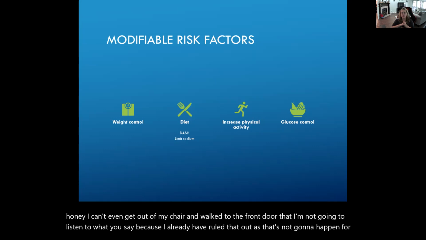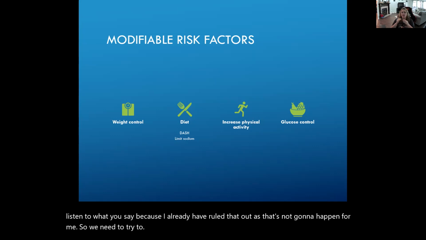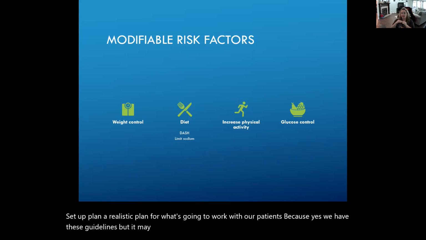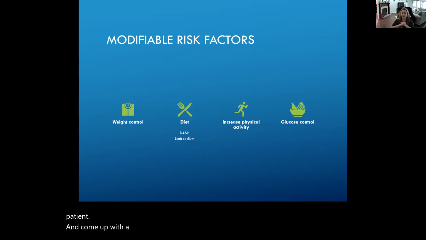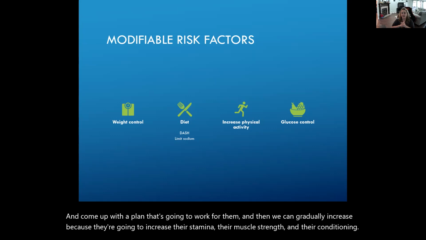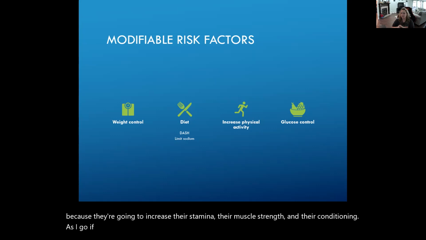So we need to set a realistic plan for what's going to work with our patients, because yes, we have these guidelines, but it may not fit right where they're at. So we have to modify that for this patient and come up with a plan that's going to work for them. And then we can gradually increase, because they're going to increase their stamina, their muscle strength, and their conditioning as they go, if they're able to.